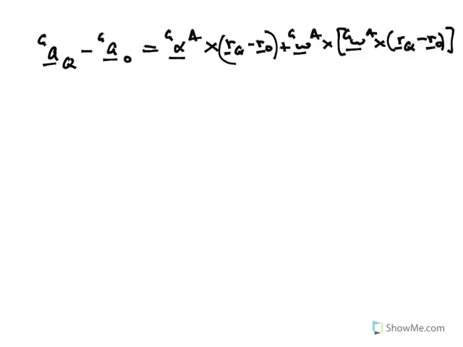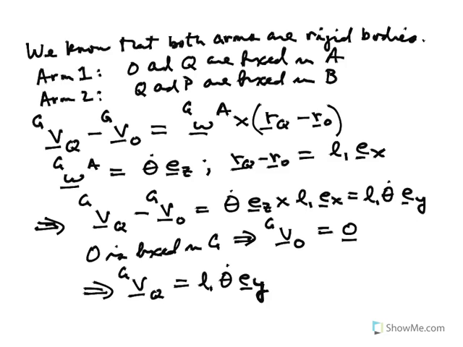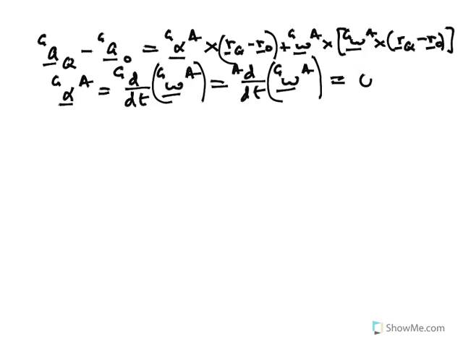But again, remember that the angular acceleration of A in G is equal to the rate of change in G of the angular velocity of A in G, which also happens to equal the rate of change in A of the angular velocity of A in G. And if we look at the angular velocity of A in G, it's equal to theta dot Ez. So this is equal to theta double dot Ez, because little ez is fixed in reference frame A. So we now have the angular acceleration.